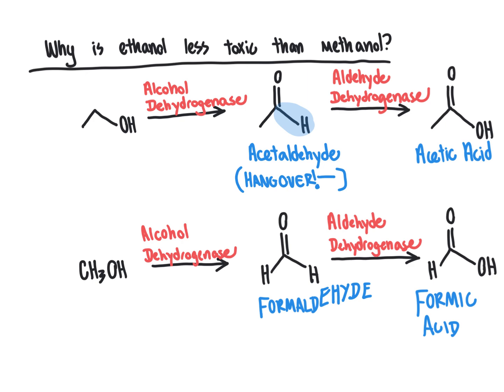The ethanol is going to end up swamping the alcohol dehydrogenase enzyme, and therefore the alcohol dehydrogenase enzyme won't be able to act on the methanol. And so as a result of that, the kidneys will hopefully have time to excrete the methanol as methanol starting material before that methanol has a chance to get oxidized to the more toxic formaldehyde and formic acid products.